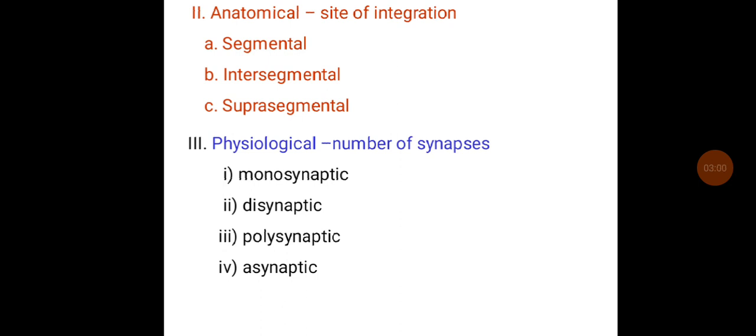An example for a monosynaptic reflex is the stretch reflex. An example for a disynaptic or bisynaptic reflex is reciprocal innervation or the autogenic inhibition reflex. For a polysynaptic reflex, the best example is the withdrawal reflex, and an example for an asynaptic reflex is the axon reflex.